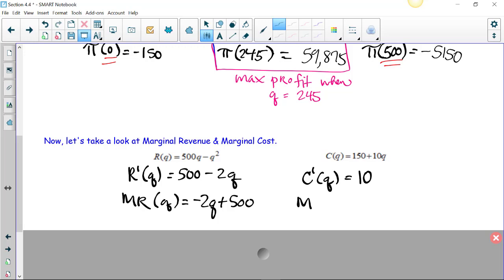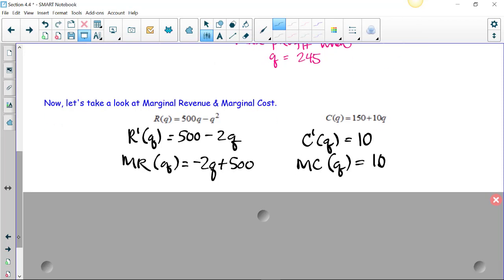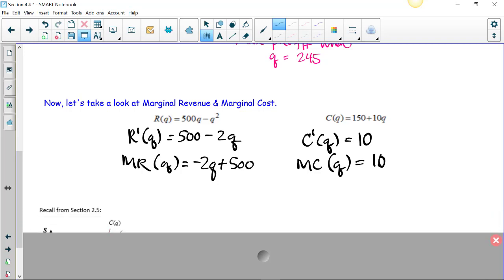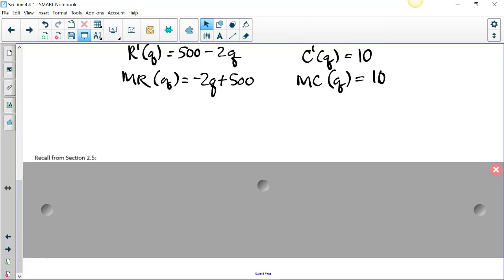So my marginal cost per item is always $10.